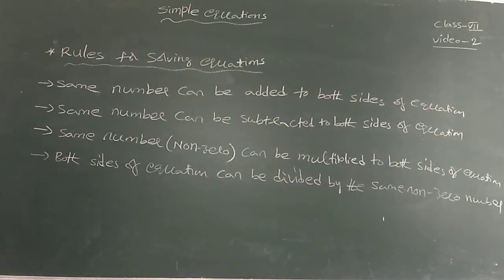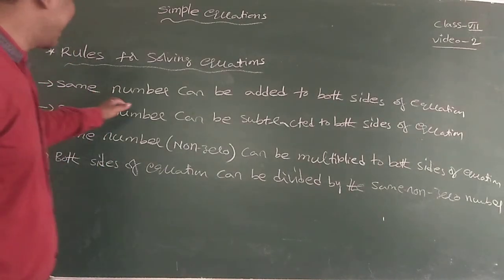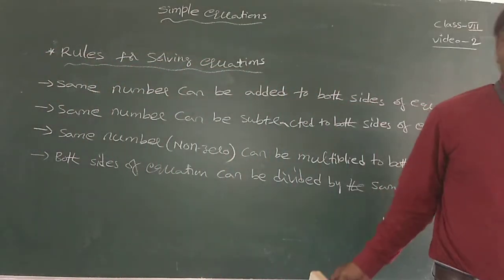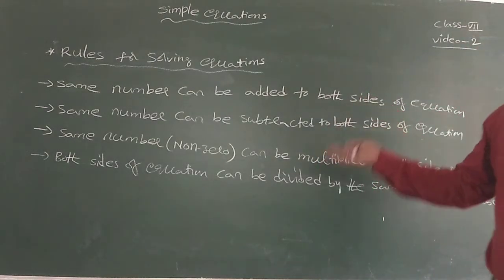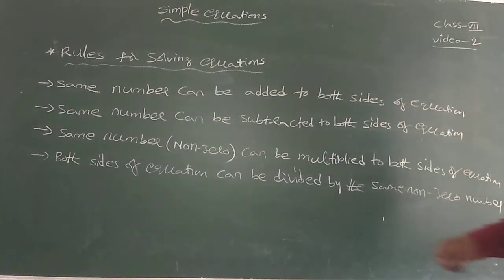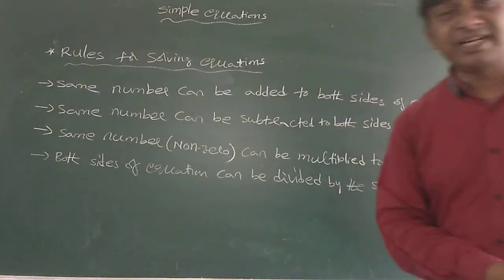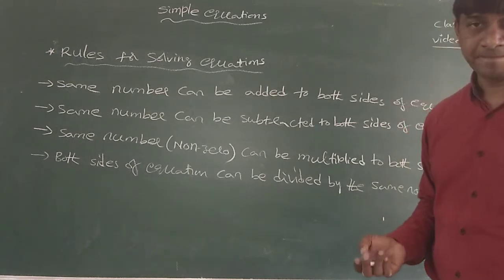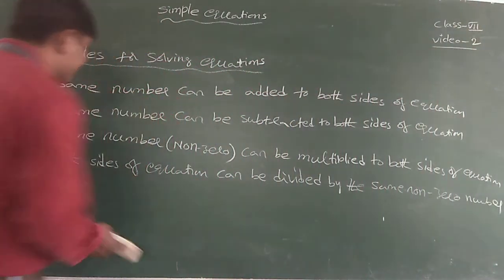Write this one. While solving, you need to keep it in mind. Same number can be added to both sides of the equation, same number can be subtracted from both sides, same number can be multiplied to both sides, and both sides of the equation can be divided by the same non-zero number only. Only a non-zero number, because zero in the denominator cannot be defined. Okay, first write this one.